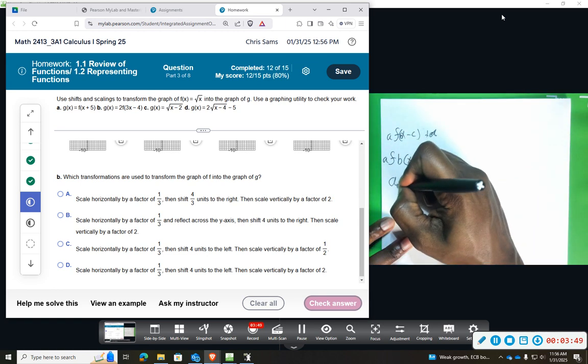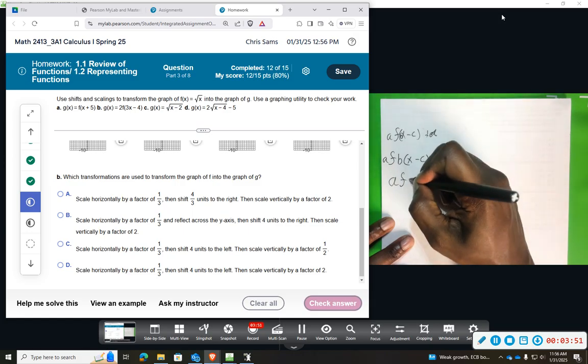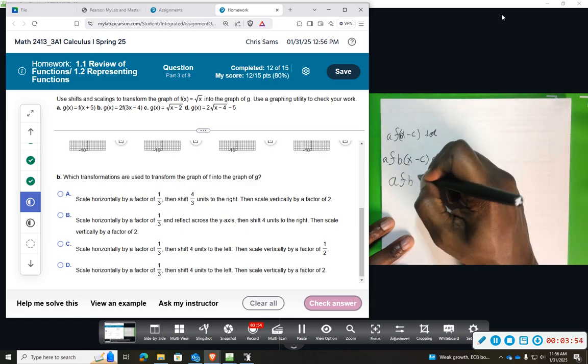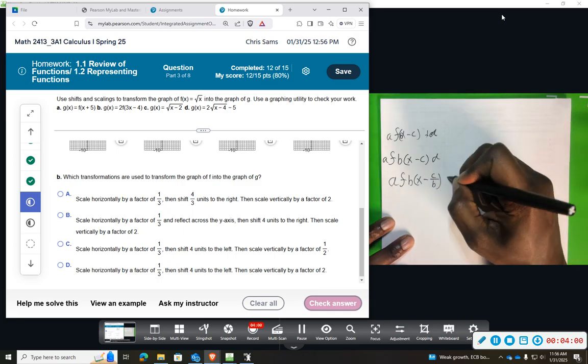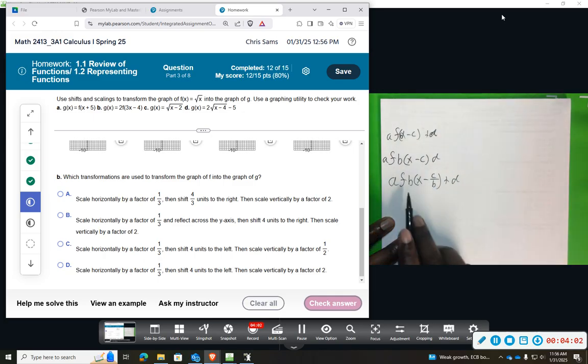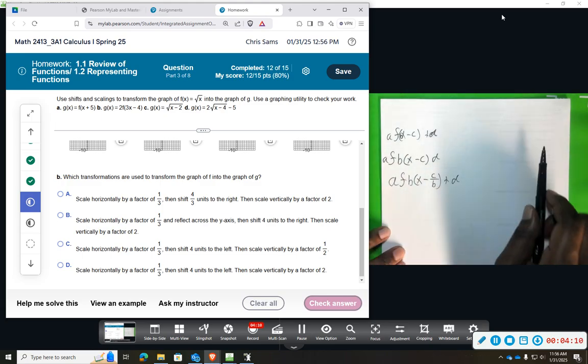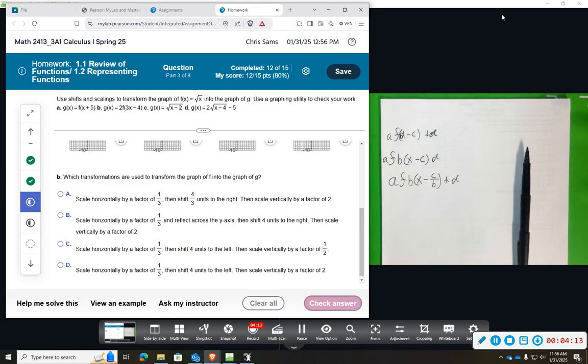So what we're really looking at is F of B times X minus C over B, and then the plus D is still on the outside. If you have that multiple on that X, you have to think about seeing that number by itself and then seeing that for what it is. When it's inside, you're working backwards. It's going to do the opposite of what you think inside whatever the grouping symbol is.